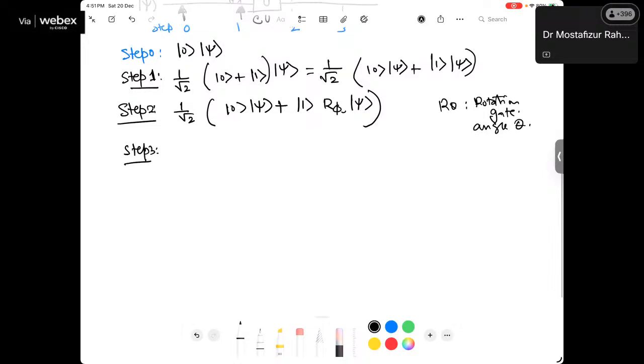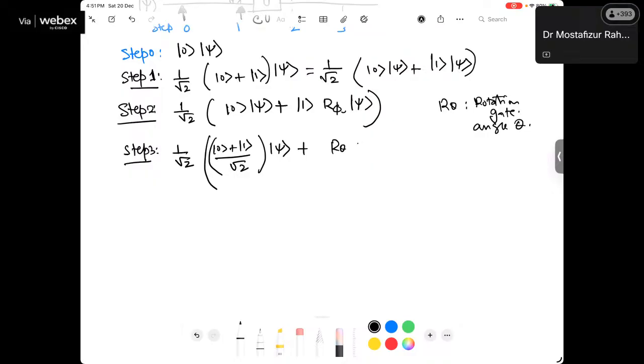So if this is the case, then the third step will be 1 by square root 2: this 0 will be 0 plus 1 upon square root 2, psi plus r theta, right?